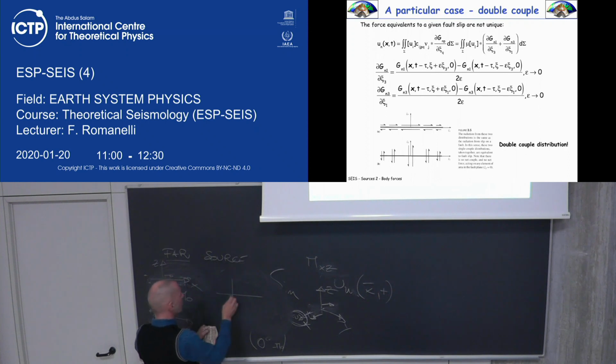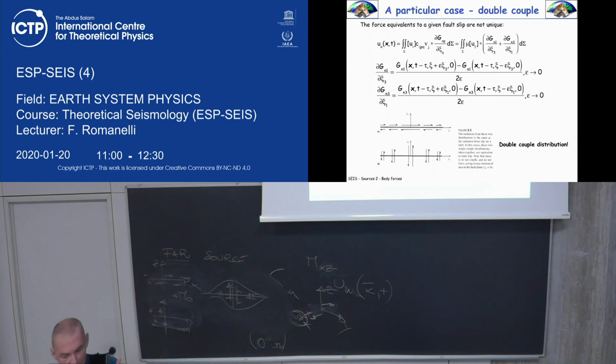So now what we do have here is a set of double couples. They are pointing in Z, X, Y, because the displacement is in X and is in Z. So we have a beautiful set of double couples.